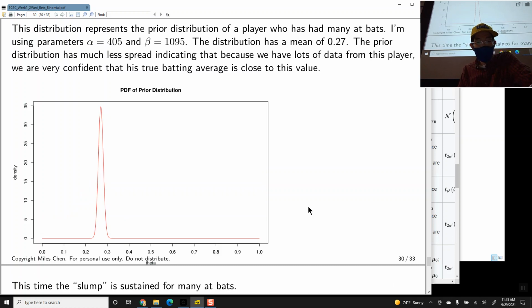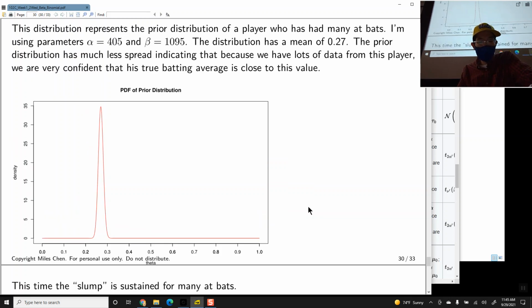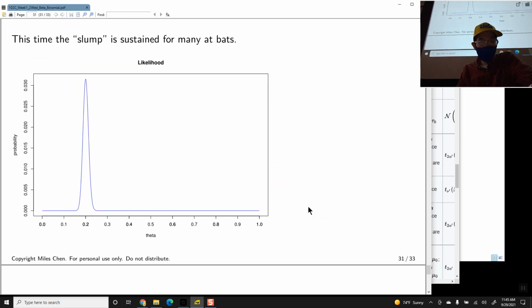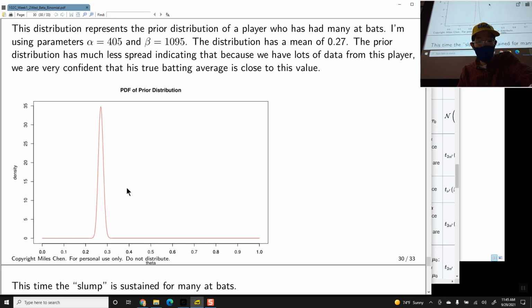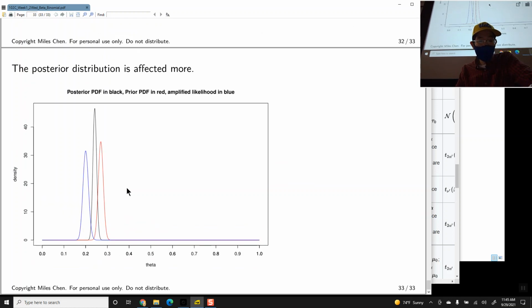But if that slump is sustained for many, many at-bats, and I think this is something close to, say, like 1,000 at-bats or something, okay? So if that slump of only getting a batting average of 0.2 is sustained for maybe a few more years, then it will have an effect, okay?